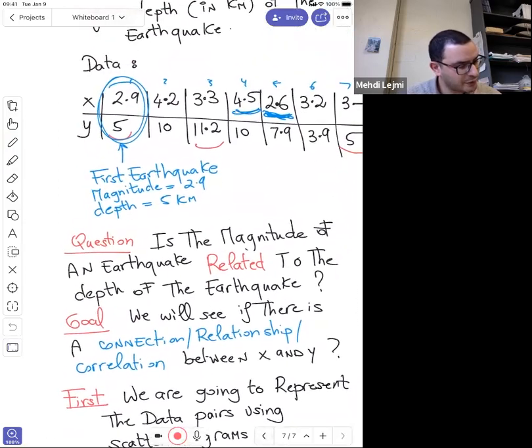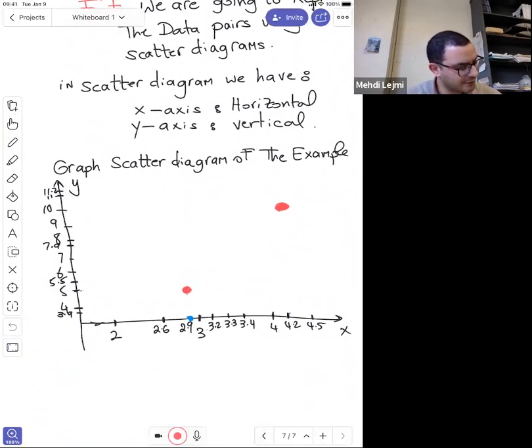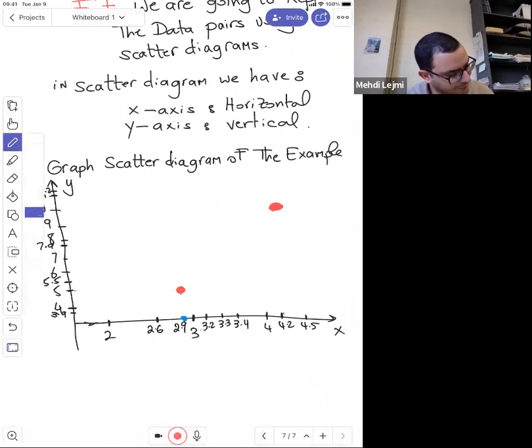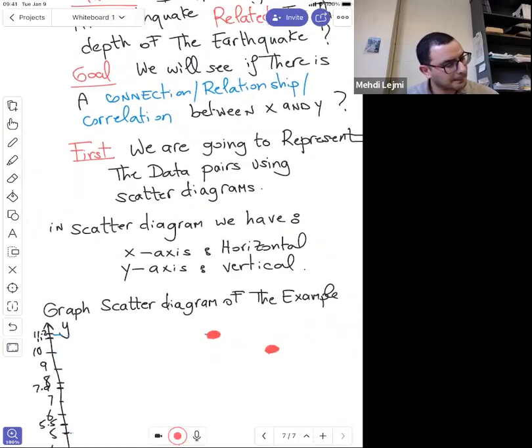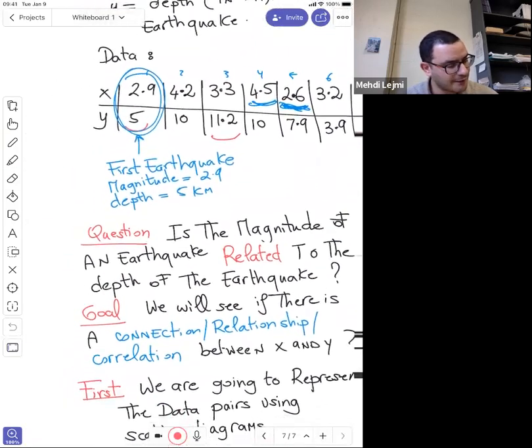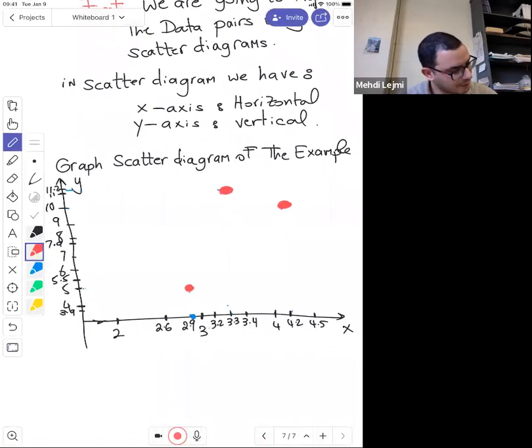Next, 3.3 and 11.2. 11.2 is right here, so this is my point right here. Then 4.5 and 10. This is 4.5, and we go up to 10, so we have this point right here.